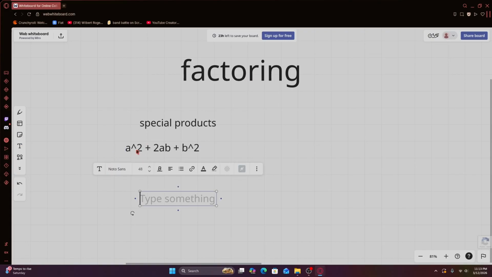So this is equal to a plus b to the power of 2. If you factor this out, you get a times a, which is a squared, b times b, which is b squared. Then you multiply these two to get 2ab, combine them to get this. So when you see this, you can instantly factor down to a squared and b squared.